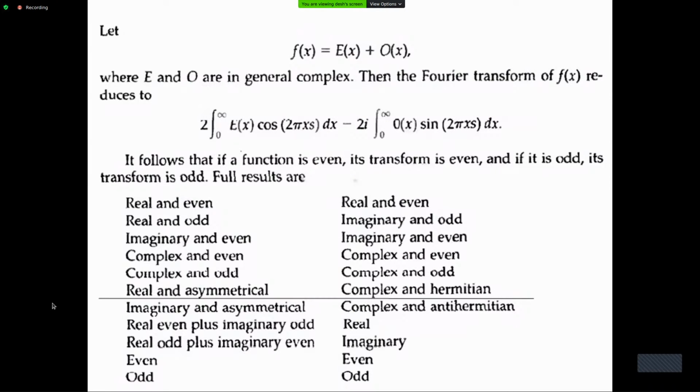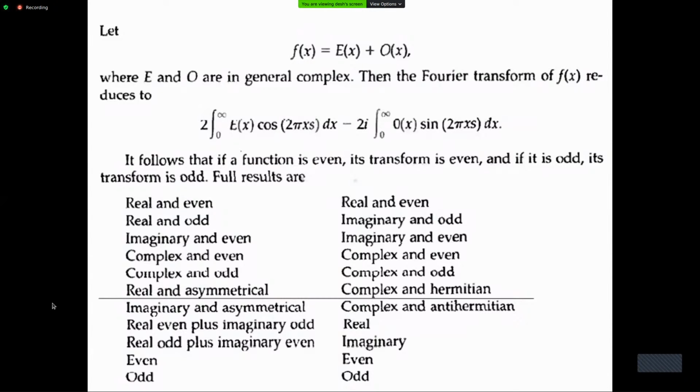Okay, so you can go through this list of how this translates into various combinations of when the function is of certain nature, how the transforms will be, and so on and so forth. The one that we will be using most of the time is real and asymmetric, where our sky brightness distribution, intensity distribution is real, and there is no particular symmetry associated with it.